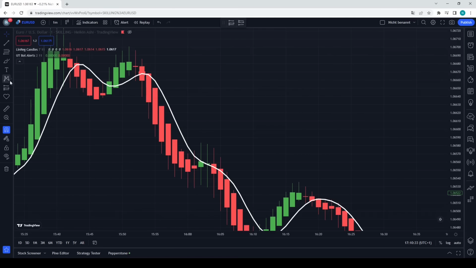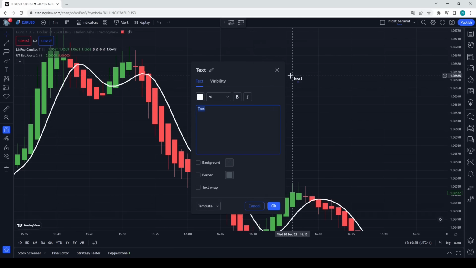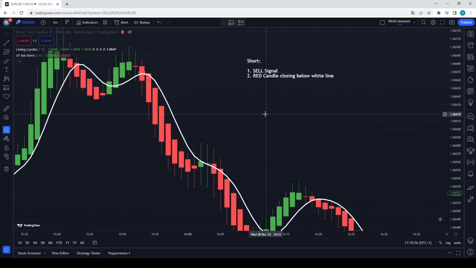For a short trade, the signals are pretty much the same, but in the opposite direction. First we want a sell signal, and second we want a red candle closing below the white line. Here we have a good example.